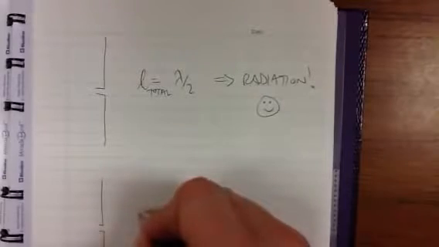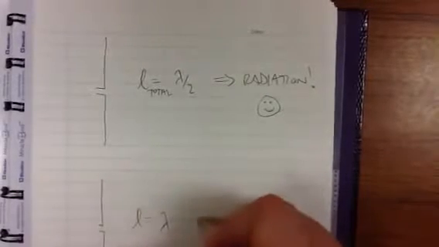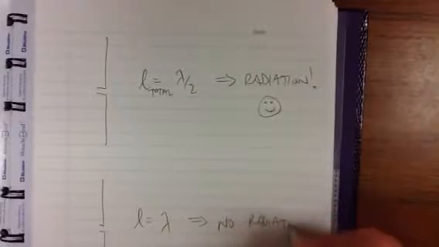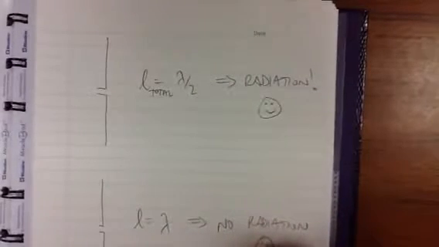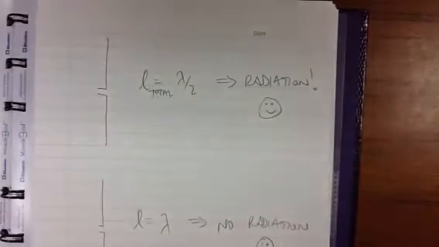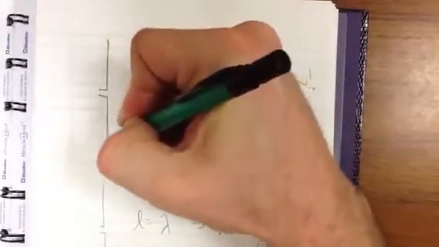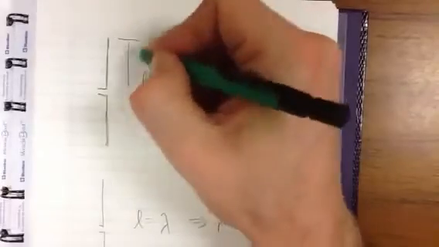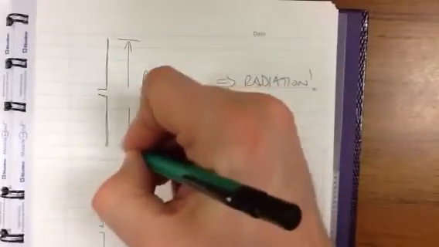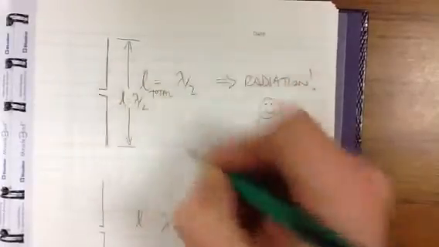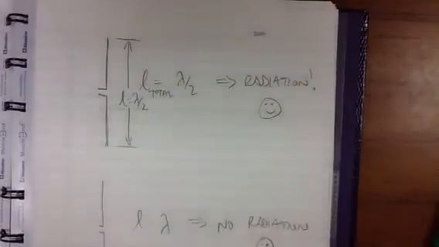If we say length is equal to lambda: no radiation. So there's a reason they call the half-wave dipole a half-wave dipole. When it is most efficient, when it is radiating the highest percentage of power, the total length is a half wavelength. Half-wave dipole. That is why.